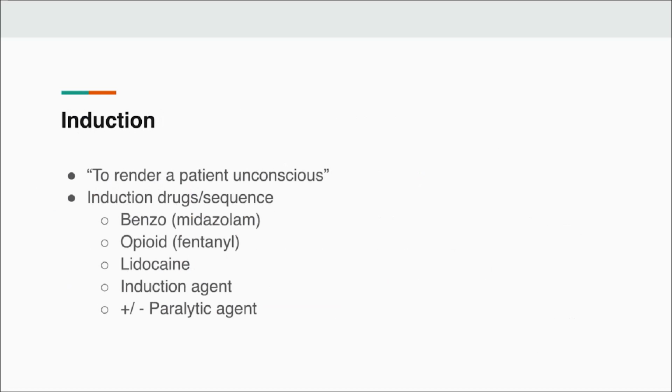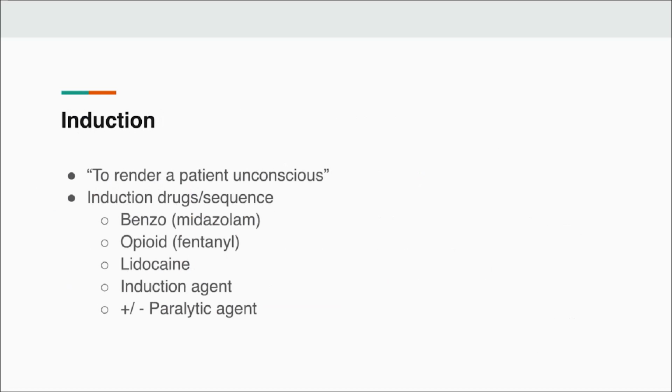And when we talk about induction drugs, in the sequence, what you'll typically see us do is give a benzodiazepine, so midazolam for anxiolysis, followed by an opioid, usually fentanyl, for blunting of the sympathetic response to intubation. We'll give lidocaine, which does two things.